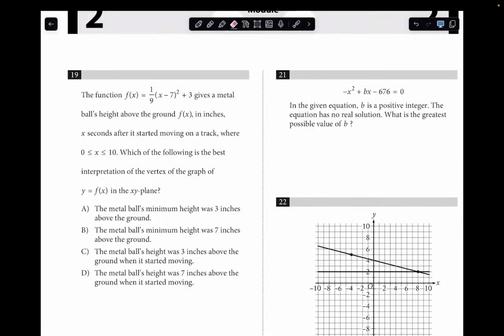So they're saying the vertex of the graph. Oh, it's a parabola, right? Is it an upside down parabola? No, it's not. It's just shifted to the right.